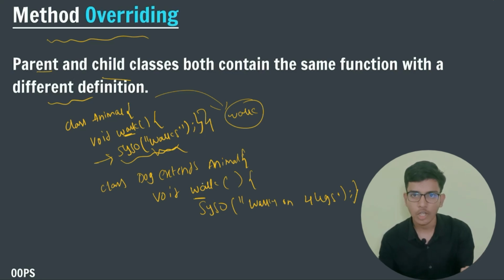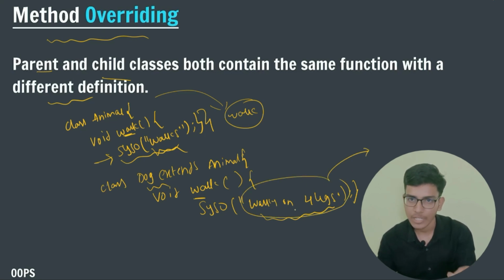If I create an object of dog, that is my child class, then it will print walks on four legs. So you can see that the output is changing. The output here is walk. After that, the output in my child class is walks on four legs. So the definition inside the function is changing. This thing is known as method overriding.